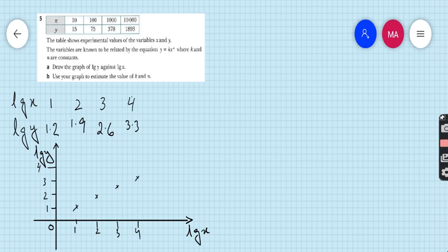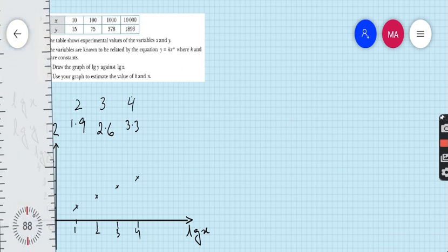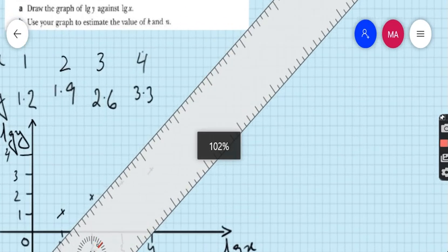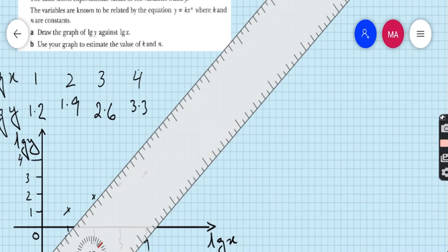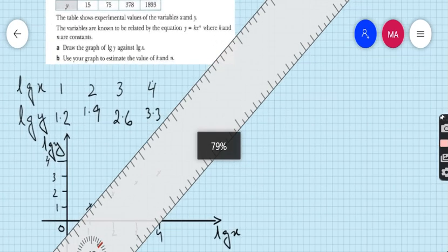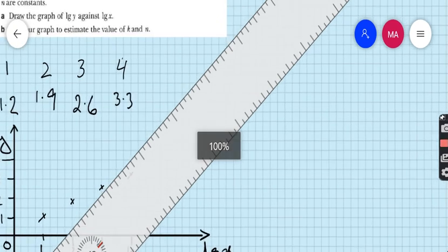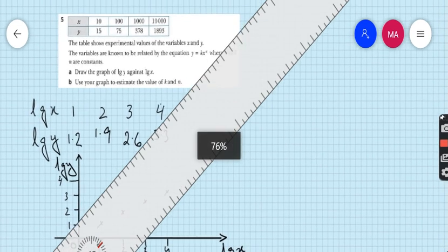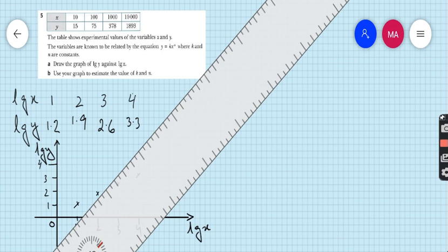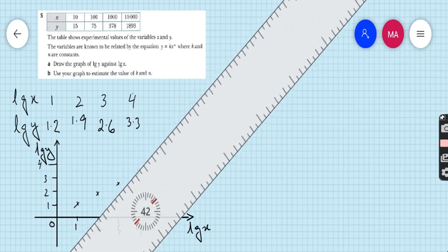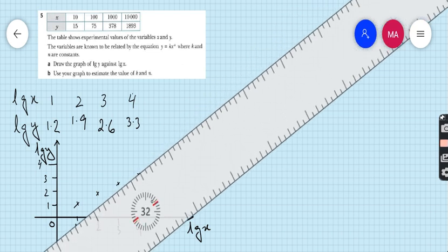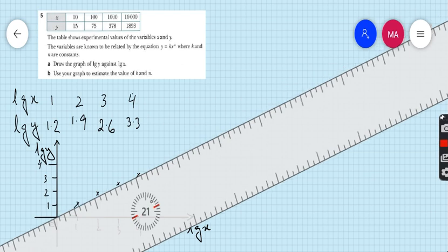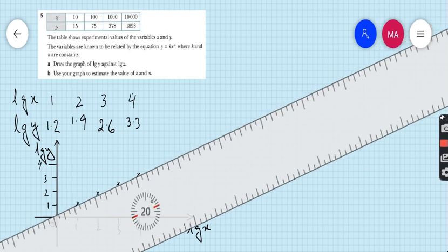Join all the points with the help of a scale. Here we go.